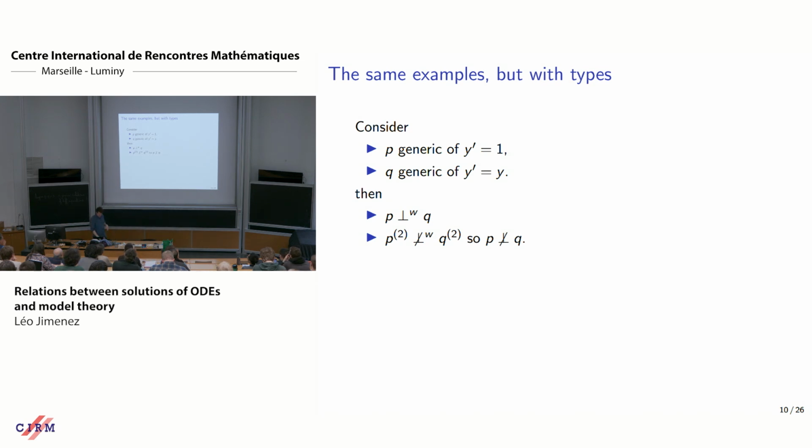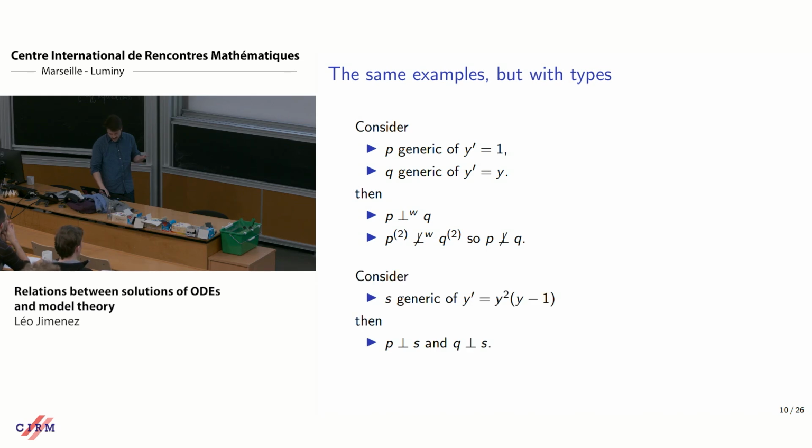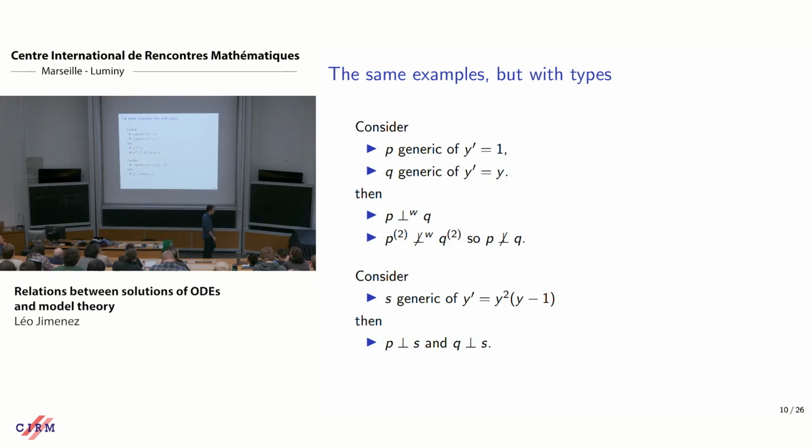And if I have the generic type of y prime equals y squared times y minus 1, this one is orthogonal to the previous ones. No matter how far you go, there's never any relation. So this is really the previous examples rephrased in the language of types.